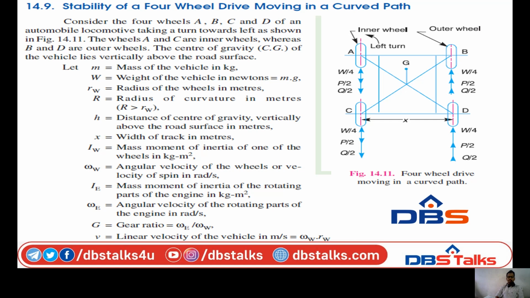So we are calculating the effect of the gyroscopic couple on a single wheel, and by multiplying by the number of wheels, we get the total gyroscopic couple. That's why we are taking the formula as CW = 4 I ω ωp.